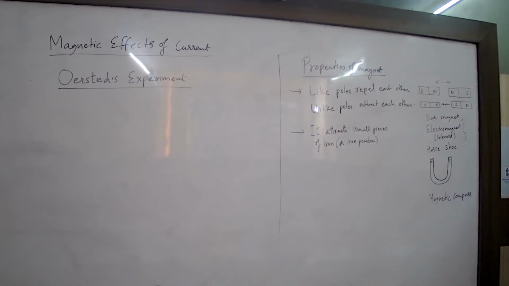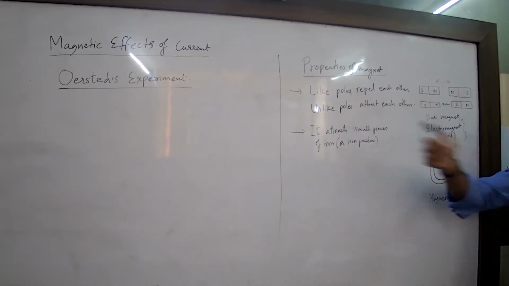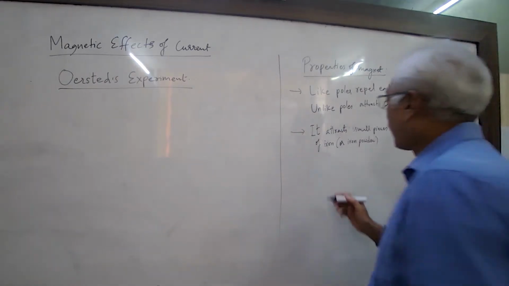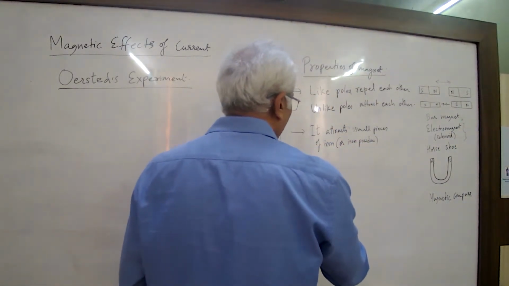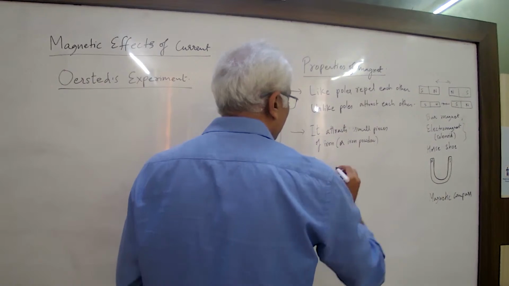The same thing happens to a suspended magnet. If you tie a bar magnet and suspend it like this, it will settle down in the north direction. So it has a directional property. The geographic north is magnetic south.